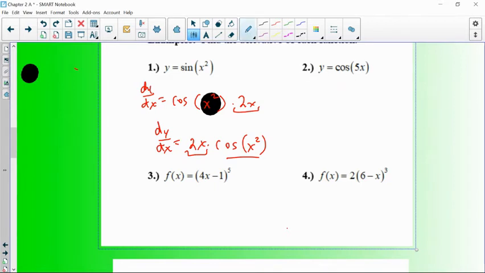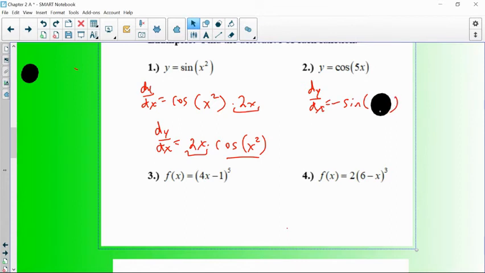Next function. Same concept, it does not matter what's inside. The derivative of cosine of black dot or elephant or anything is negative sine. So immediately I would say dy dx is equal to negative sine of that same thing. Cannot change the identity. It is matched.